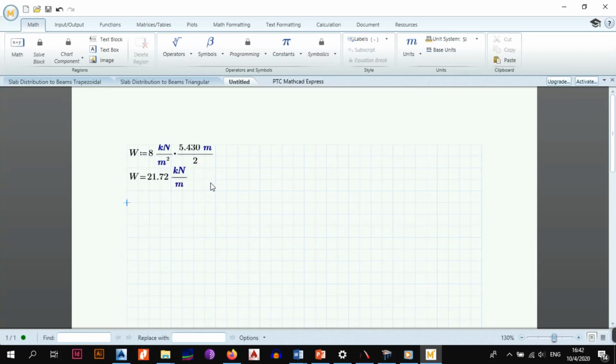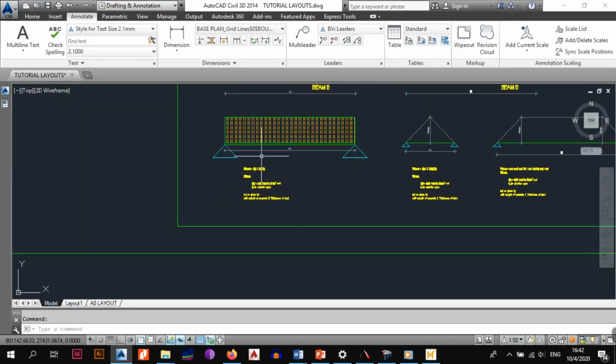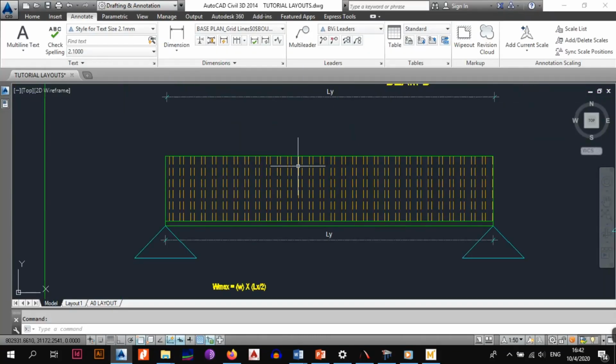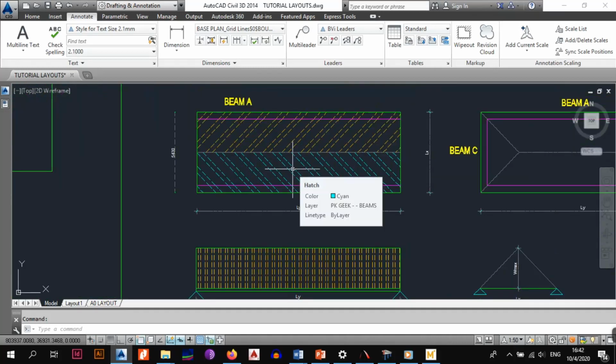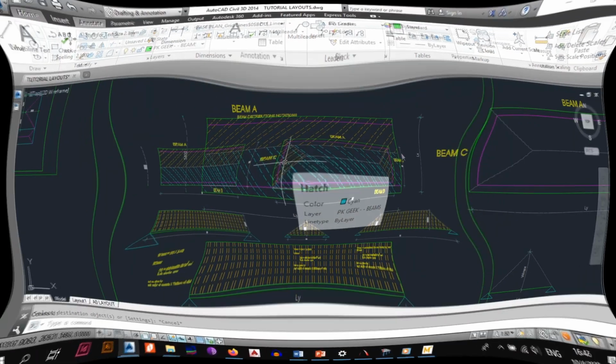So all you would say is 8 kilonewtons per square meter multiplied by 5.430 meters divided by 2. So the maximum value W max in our case would be 21.72. That would be the load going to your beams. This is how you would distribute it if it was a one-way slab. Now we need to talk about the two-way slab.